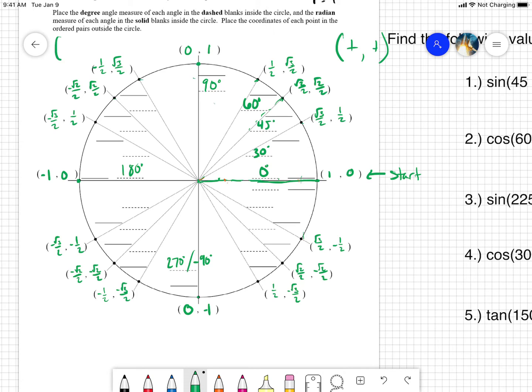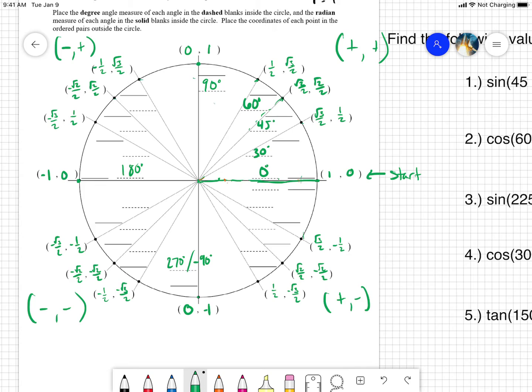If I'm in quadrant 2, it's always negative, positive. If I'm in quadrant 3, negative, negative. And if I'm in quadrant 4, positive, negative. Okay? Any questions so far?